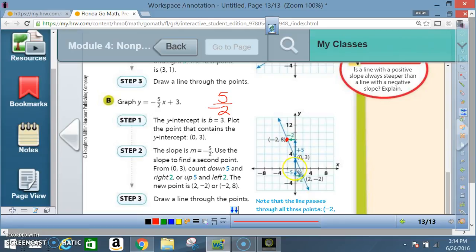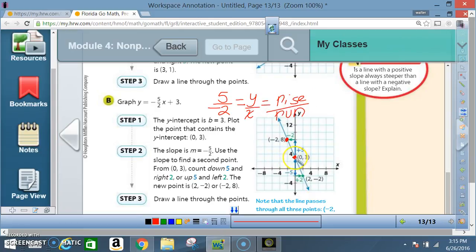All right. So once again, my y-intercept was 3. So I go 1, 2, 3. That's my y-intercept right there, and my slope is 5 over negative 2. So my rise, y over x, or rise over the run.